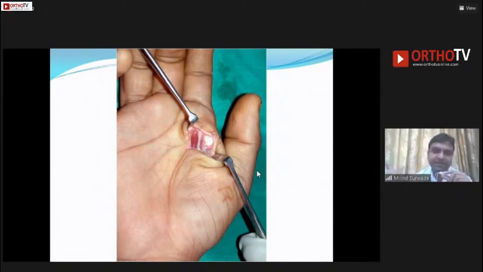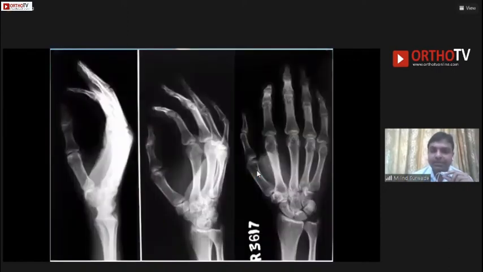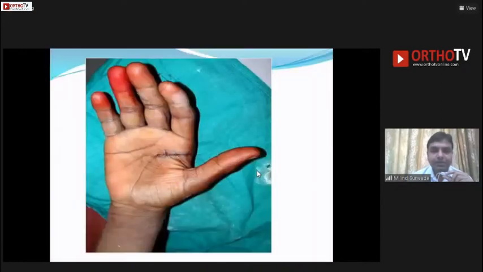With the flexor tendon released, you can very well put a Freer elevator and get the metacarpal head back. The advantage of the Volar approach is that we can preserve the Volar plate rather than cutting it, and you can retrieve the Volar plate. So that's the post-op X-ray with a well-reduced joint, and a clinical picture.